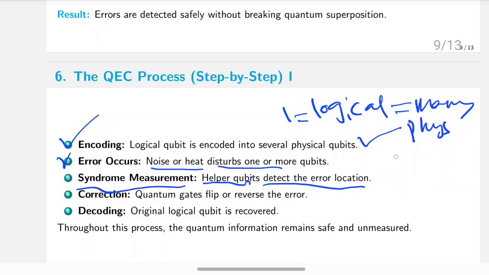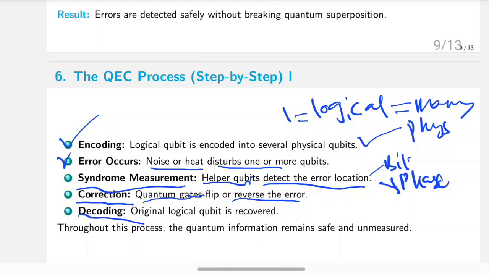As we know, errors are of two types, bit and phase. The ancillas detect whether the error is a bit or phase error, and then they make the correction. The correction is made using quantum gates: if it is a flip error, we use the X gate; if it is a phase error, we use the Z or Hadamard gate to correct it.